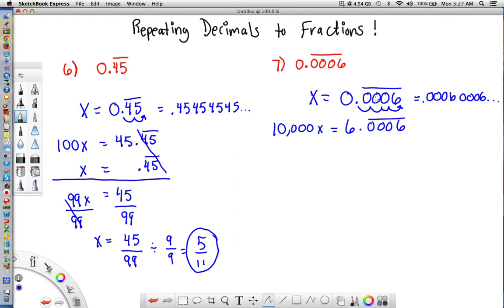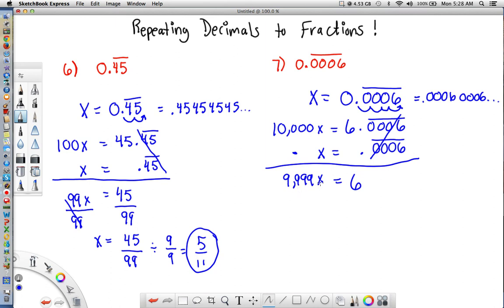Okay, well I want to get rid of the repeating decimal part, which I labeled x, so I subtract 0.0006 repeating. I want to get rid of the repeating decimal, so I subtract it, and I'm also going to have to subtract x from 10,000x, and what's that going to leave me with? That's going to leave me with 9,999x is equal to, well, the repeating decimal part I got rid of, 6.